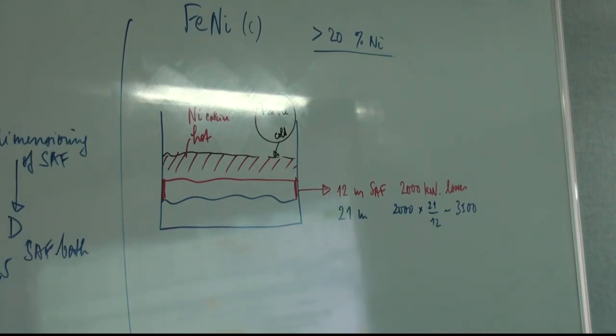Zero. And then you see, here I put 3,500. Then we have even over 100 megawatt. So we should check.